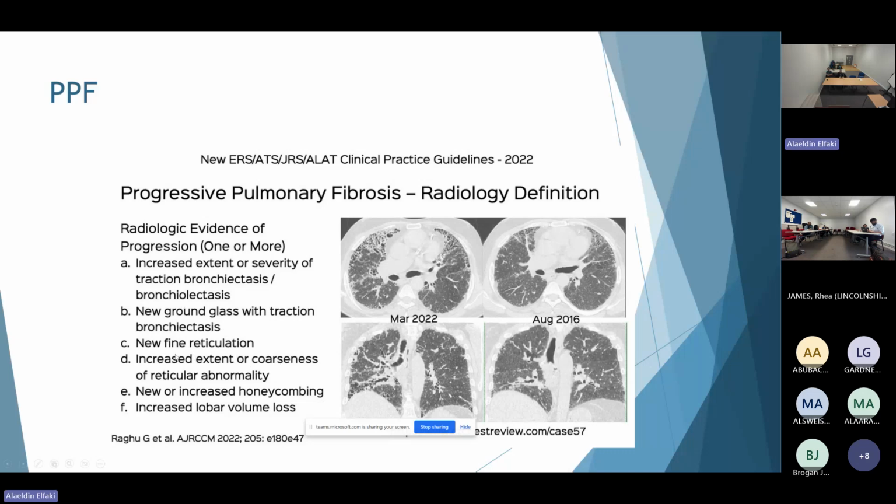Also, new fine reticulation on a CT scan, or increased coarsening of reticulation, and also increased or more dense honeycombing features, if we see here compared with the previous one. So honeycombing progression and also a volume loss of the lung could be a sign of disease progression.